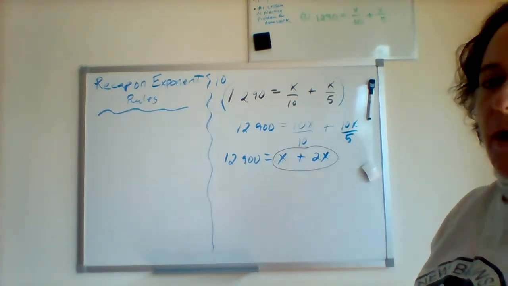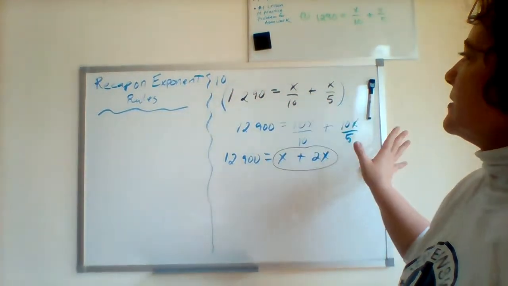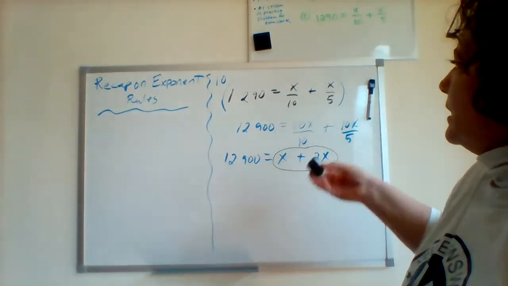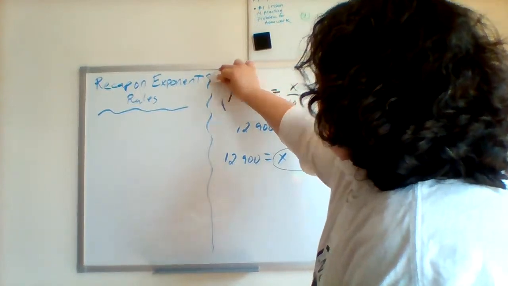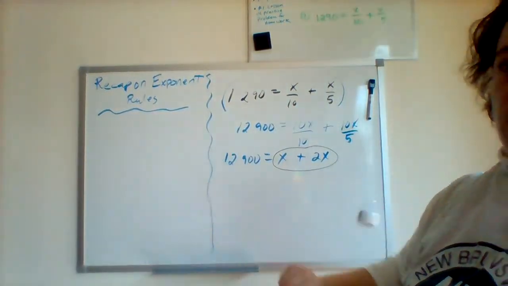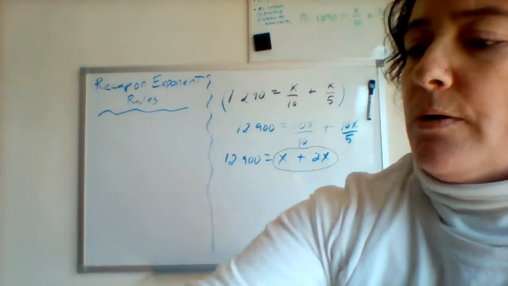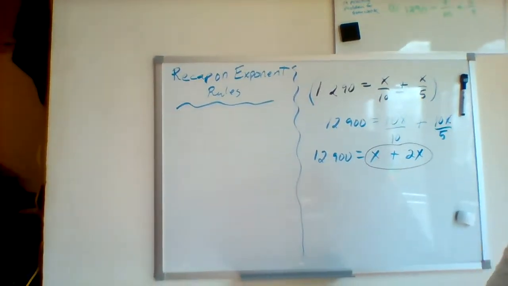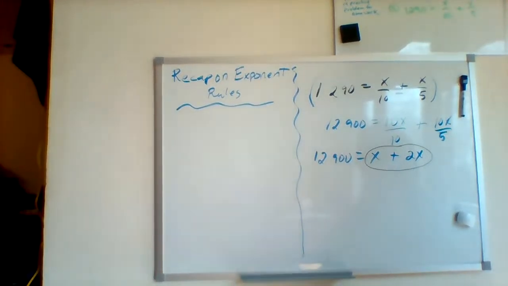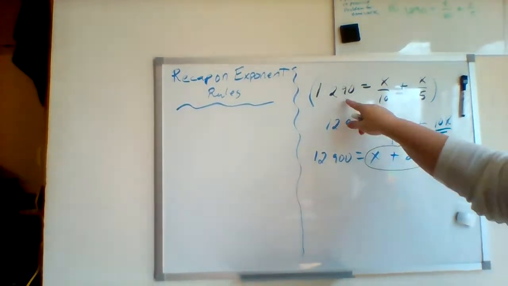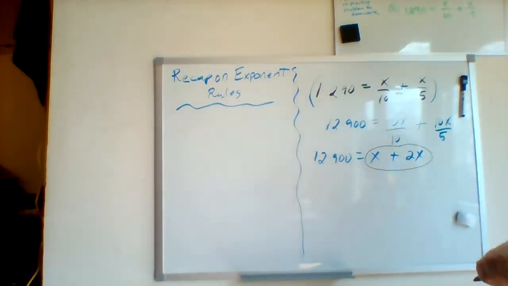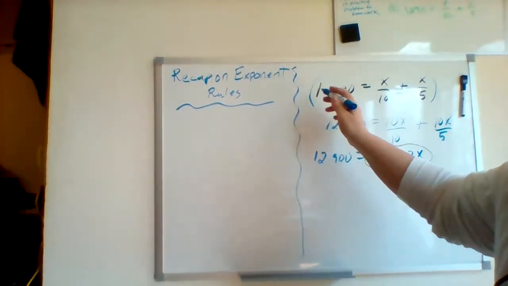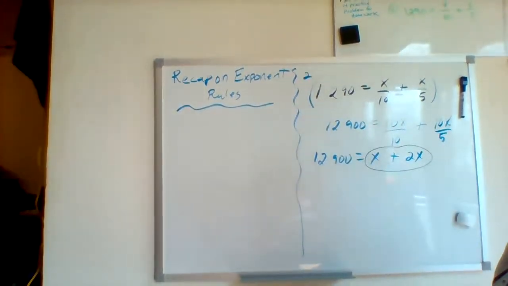Why not 2? Okay, what would happen if instead of doing this by 10, we did it by 2, right? Because you guys were suggesting, let's multiply everything by 2. So let's do that. But let's do it over here so we don't lose our work. Okay, come over here. And if I multiply everything by 2, okay, 1,290, so what would that be if I multiply that by 2? Let's multiply everything by 2 now.